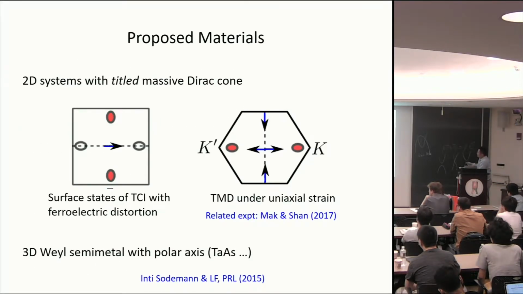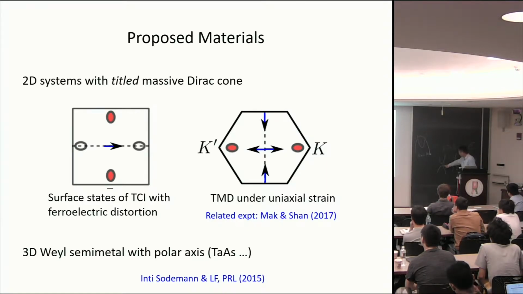Now, one of the ways to generate this Berry curvature dipole is, again, we take a Dirac model, the case of a Dirac fermion. We know that once a Dirac fermion opens up a gap, there's Berry curvature. But in the simplest Dirac equation, it's rotationally invariant. So there's Berry curvature, but no Berry curvature dipole.